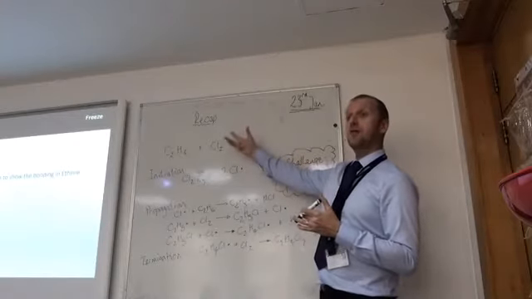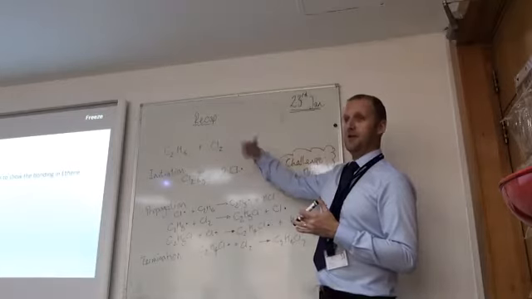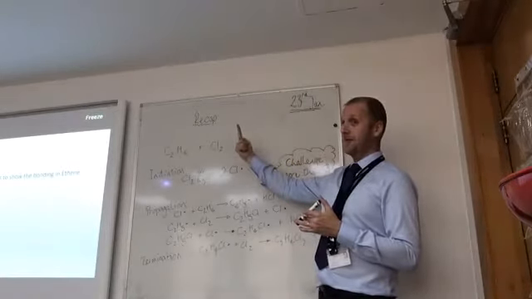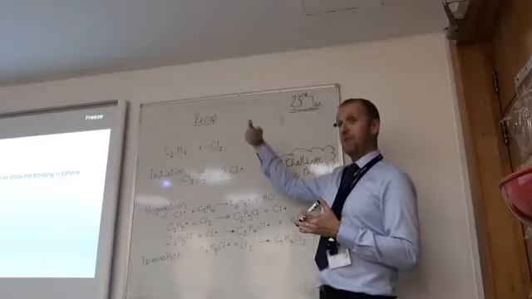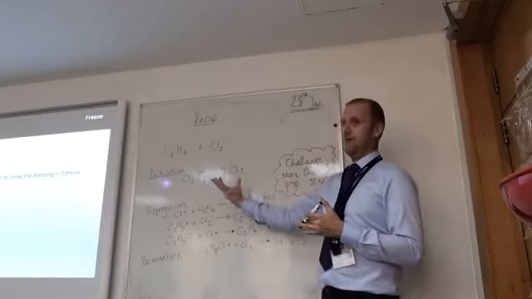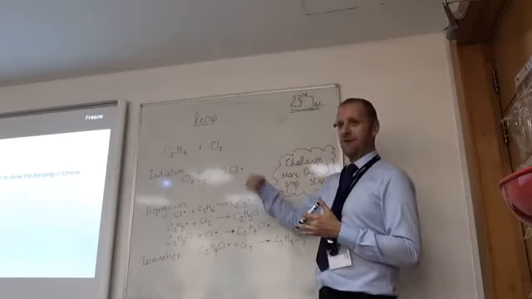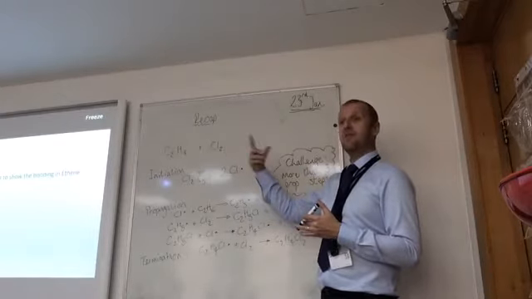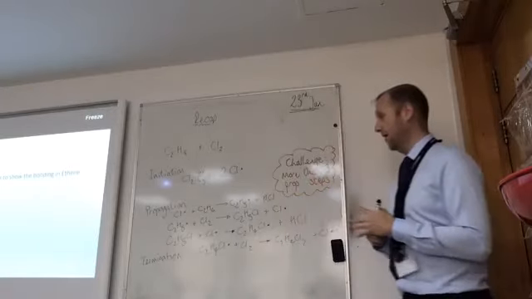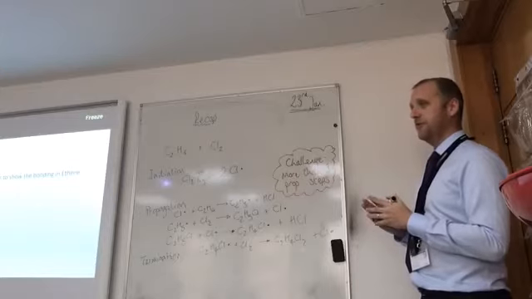But if there's lots of chlorine, lots of UV light, you can keep going. It doesn't just happen once. You can get dichloro compounds, you can get trichloro compounds. As long as there's enough chlorine, it can keep substituting out hydrogens all the time. Okay, that's the answer.